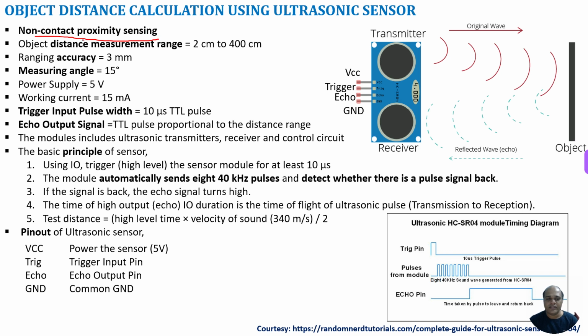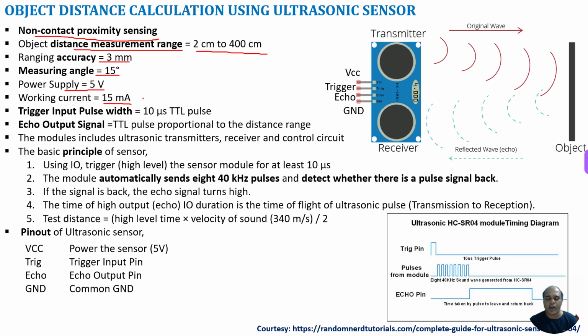In that sense, the measurable distance ranges from 2 cm to 400 cm, and the ranging accuracy is about 3 mm. The measuring angle is such that it can identify the object within 15 degrees of its viewpoint. It requires a supply of 5 volt and a working current of 15 milliampere.